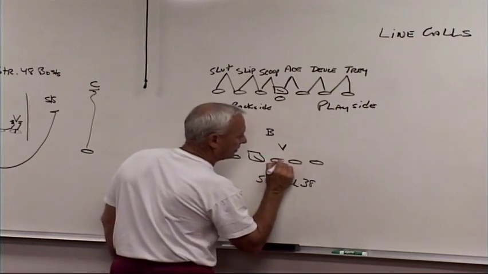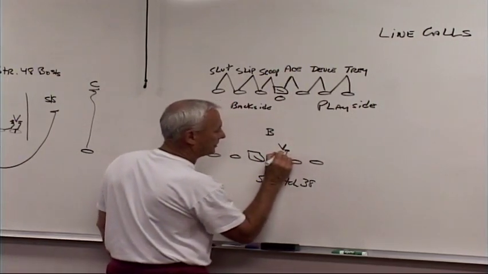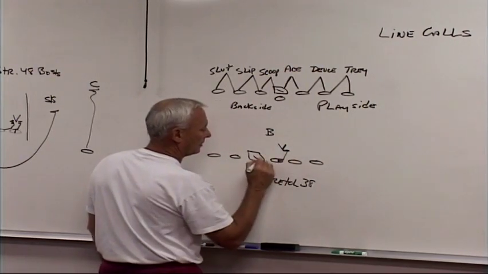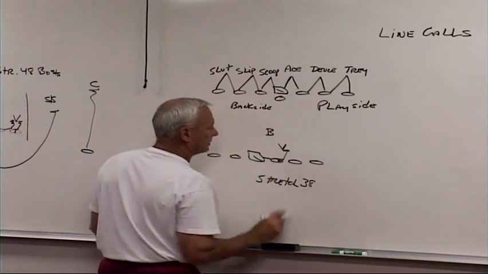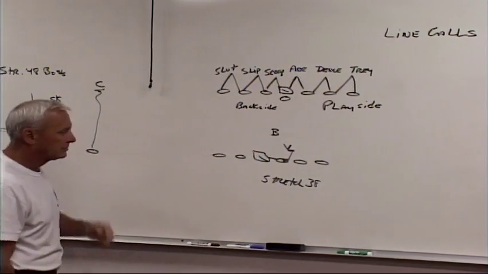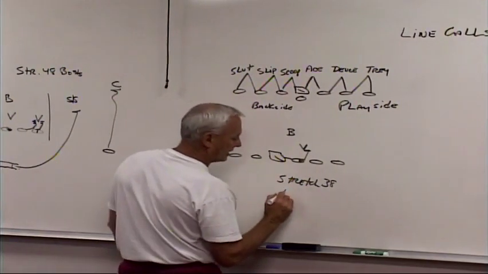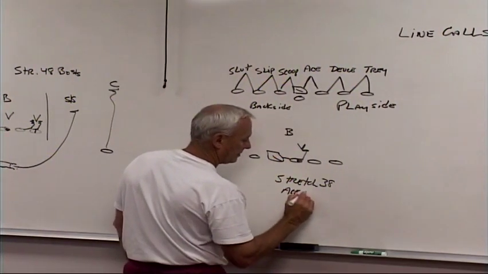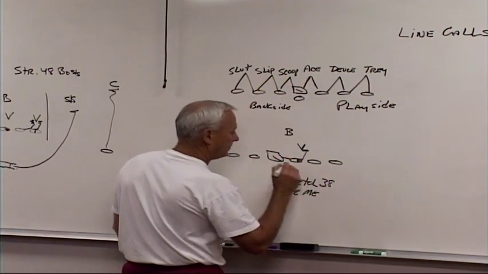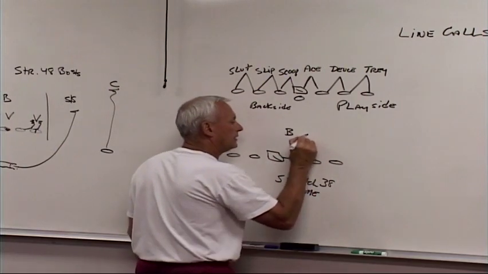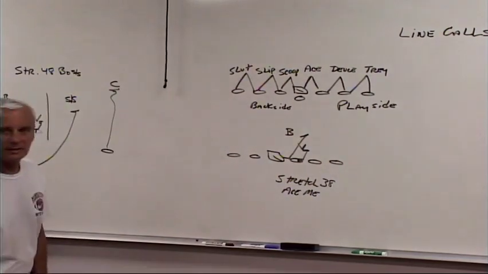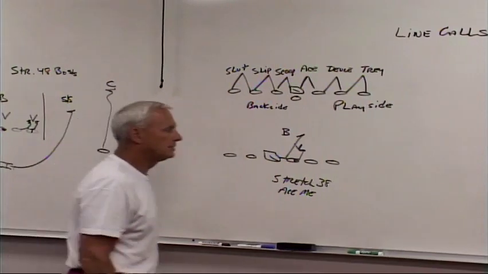The guard's going to stretch, work outside breast to armpit. The center's going to stretch and go get the linebacker, but the center's going to come up and make a call. He's going to say ace, me, meaning me is going to get the linebacker. That's the ace me.